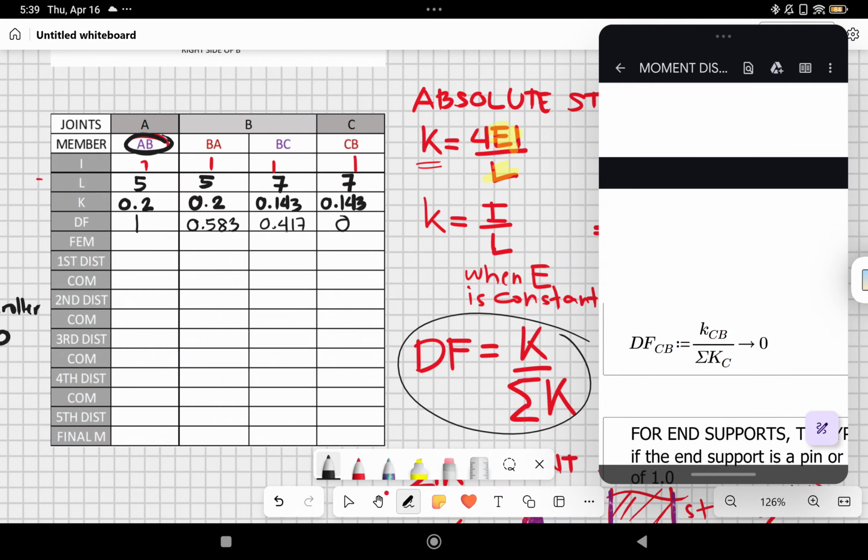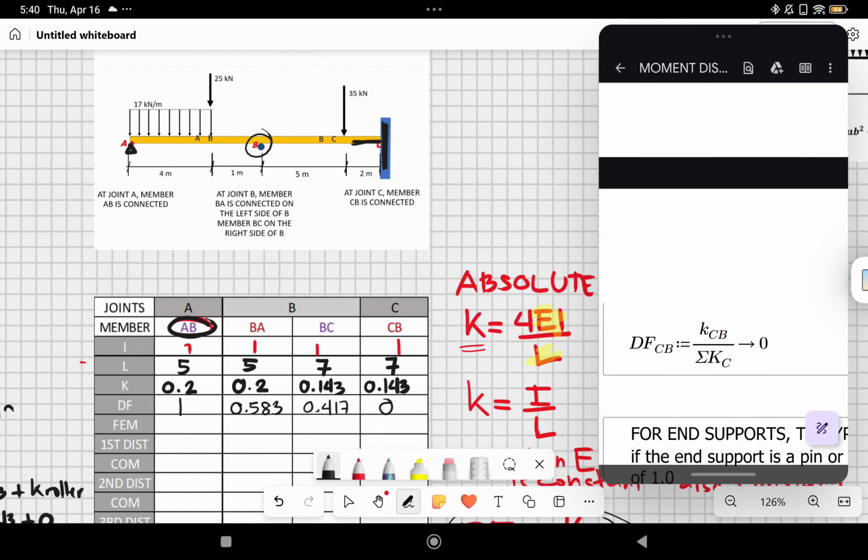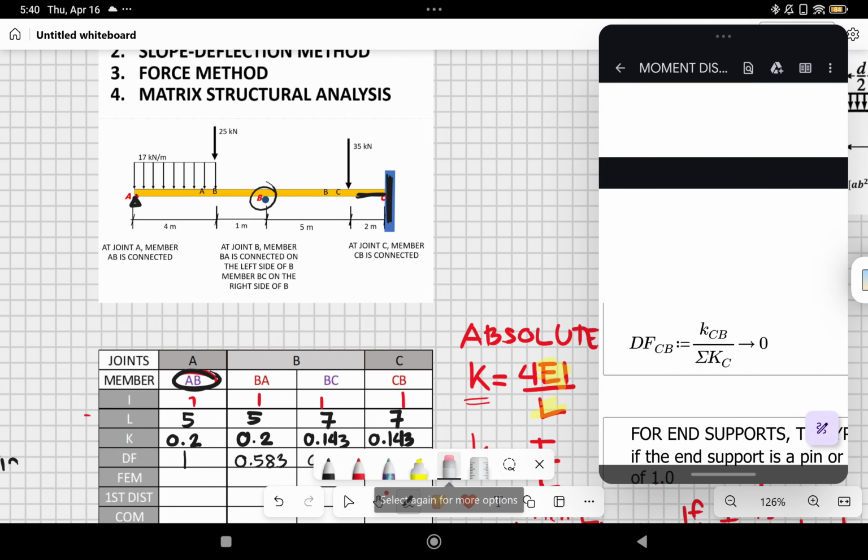So we assign it a value of 0. So it is just like this. To make it faster, this will always happen at the end joints, A and C. You just look at the type of support.